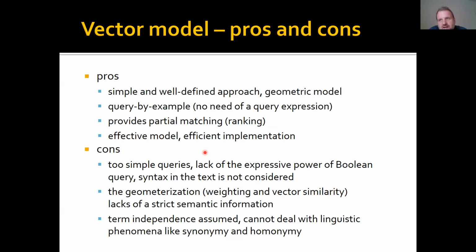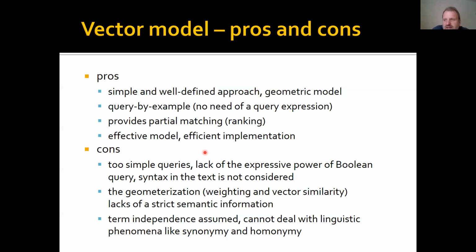So in other words, we assume independence of terms. So we assume that all terms are different from each other, and they are different the same. They are completely independent. But in normal languages like English or Czech, this is not true. If we take pairs of words, they have some correlations between them. Some are basically synonyms, for example, or homonyms, or they have different relations. So we cannot definitely say that this assumption of term independence is correct.